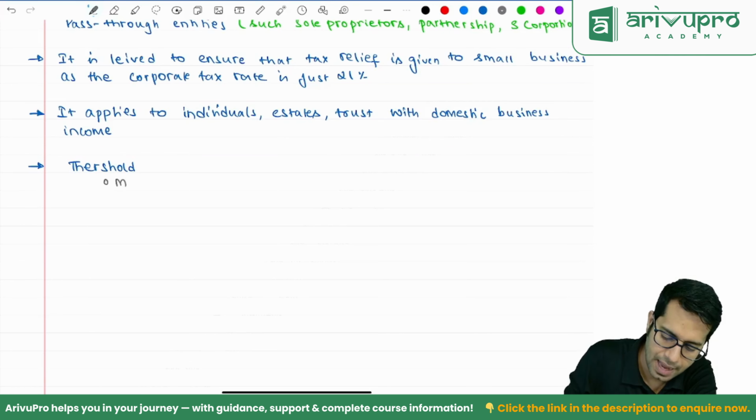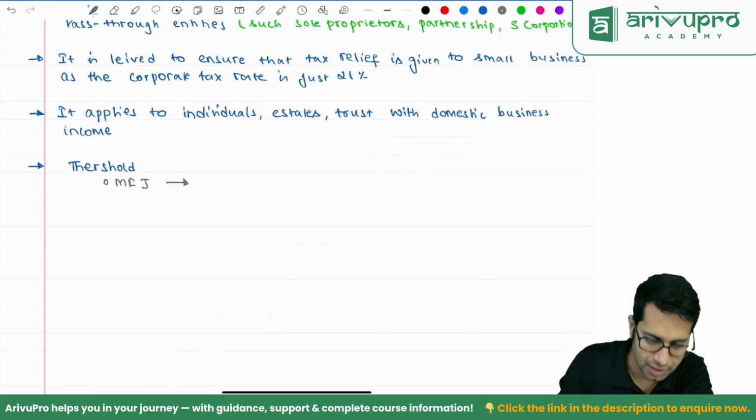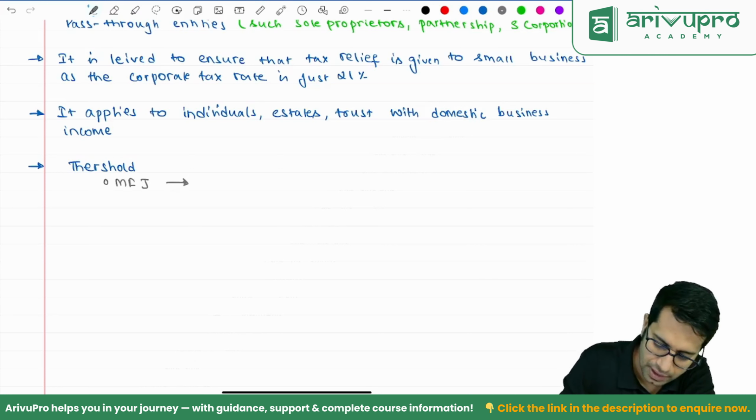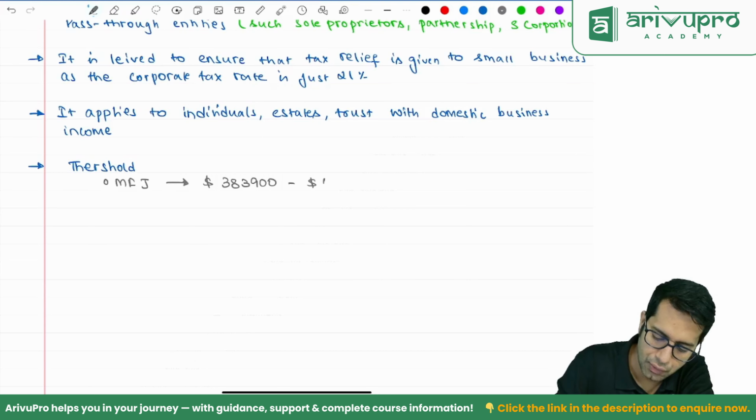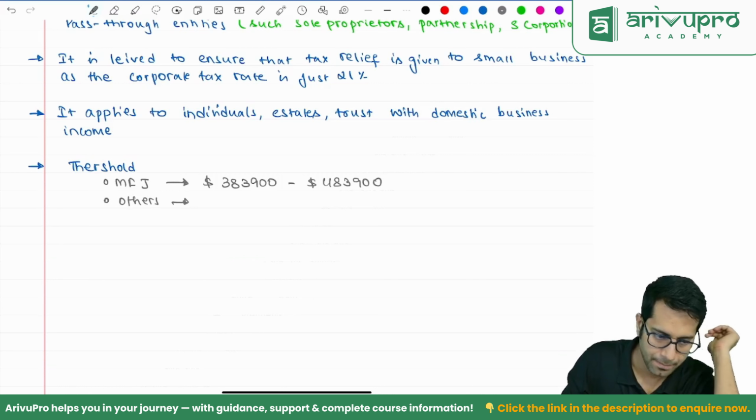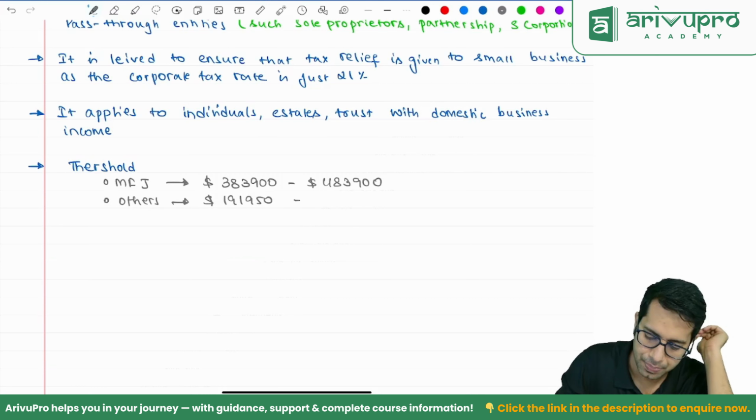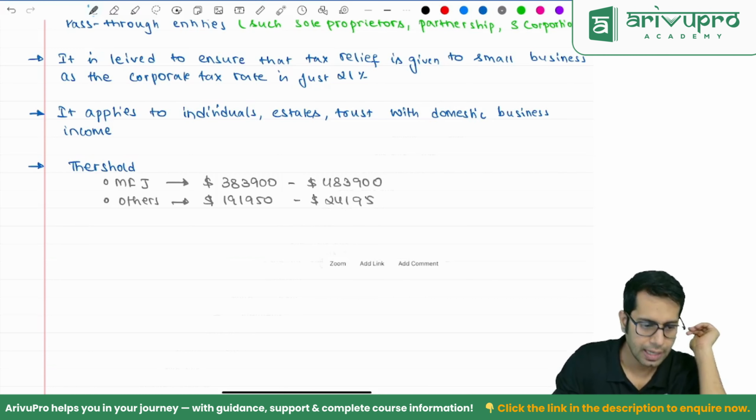If you are married filing jointly, the threshold limit is somewhere between $383,900 and $483,900. For others, it is $191,950 to $241,950.